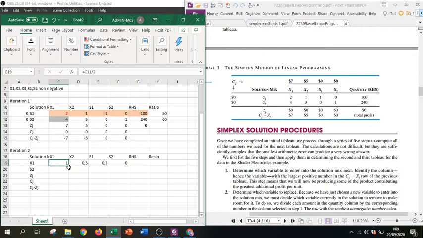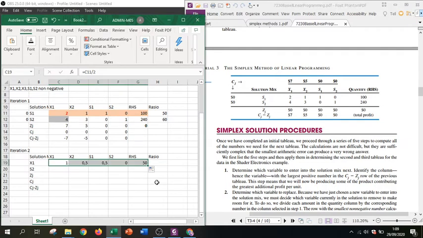I'm sorry, this is until RHS. And we can find this row with the x1, x2, x1, x2, RHS.